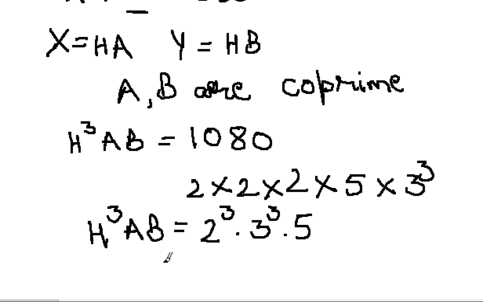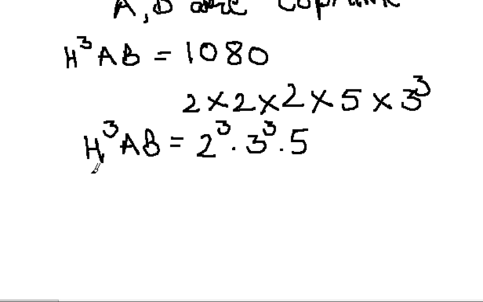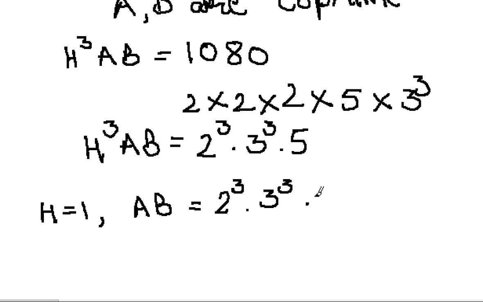So now we have to consider cases for the highest common factor. Let the highest common factor be 1. So if h is equal to 1, then ab has to be equal to 2 cube, 3 cube into 5.